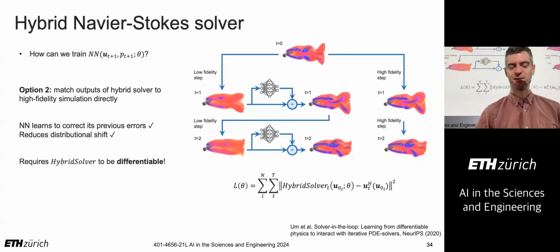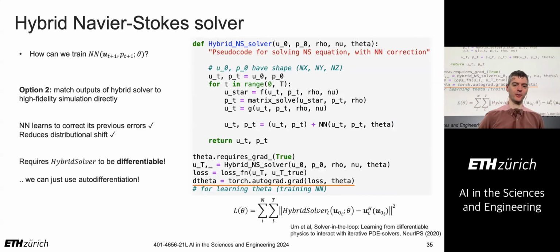Okay, so I'll tell you. What's really remarkable is that we can use auto differentiation. Autodiff is this tool in modern deep learning libraries that you've all been using in all of your practicals so far to train your neural networks.